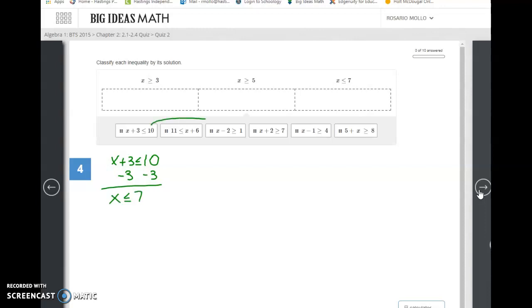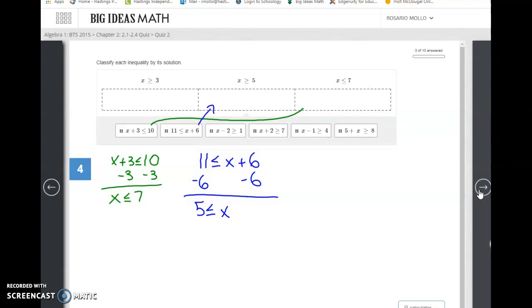So hopefully this doesn't get too confusing. That one will go in that line right there. Let's do this one in blue. So 11 is less than or equal to x plus 6. I'm going to end up minusing 6 from both sides. So I get 5 is less than or equal to x, which is this middle one.